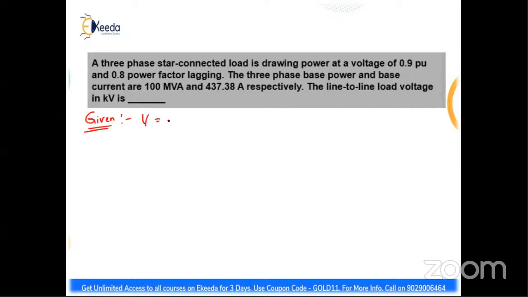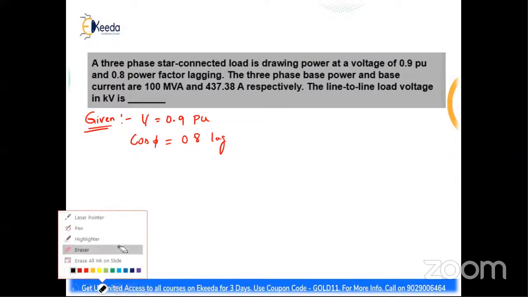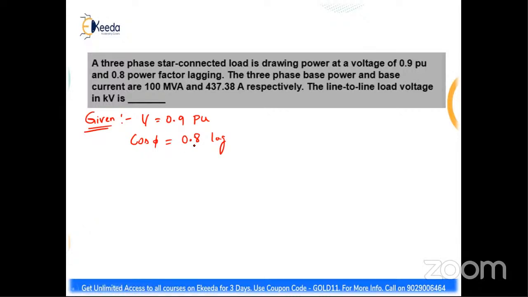So we'll write here V is equal to 0.9 pu and power factor cos phi is equal to 0.8 lagging, and the base power is 100 MVA.